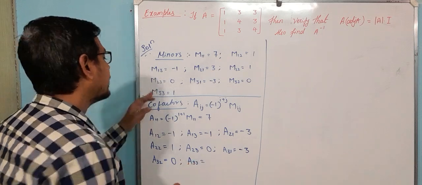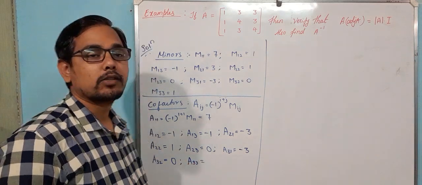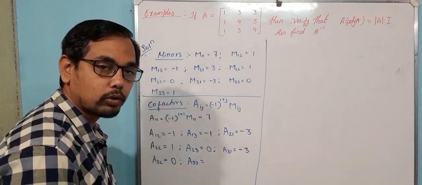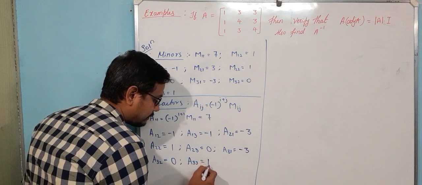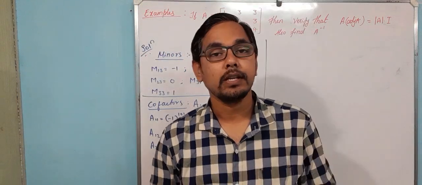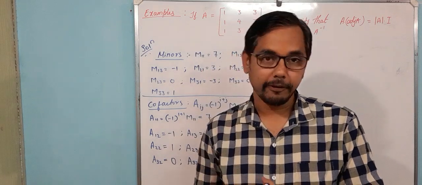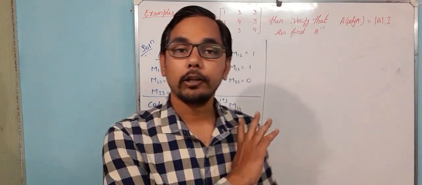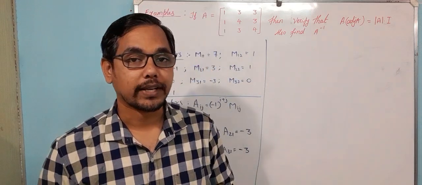Then A33: 3 plus 3 is 6, which is even. So when it is even, A33 will be equal to M33, that is 1. This trick I have already explained in previous sessions. If you go through the session where I started minors and cofactors, you will definitely find the explanation to this trick.